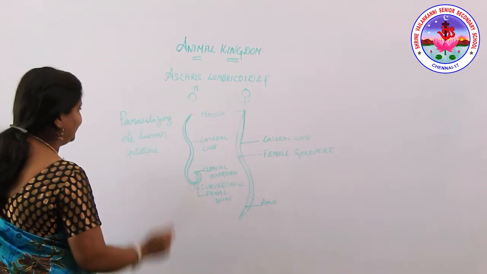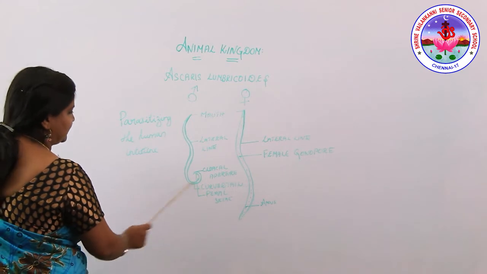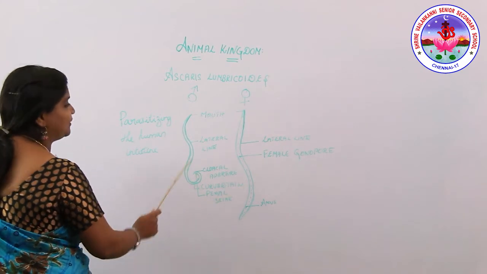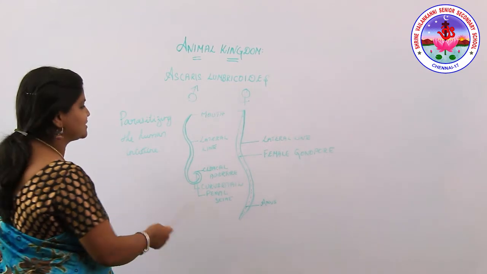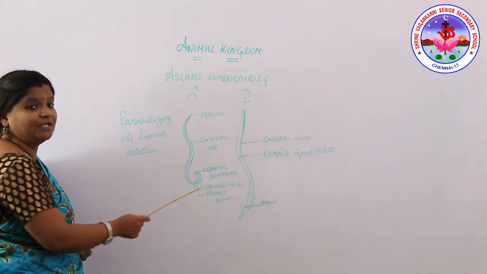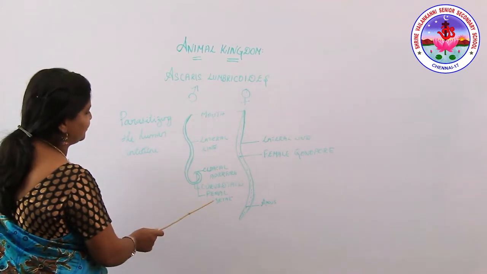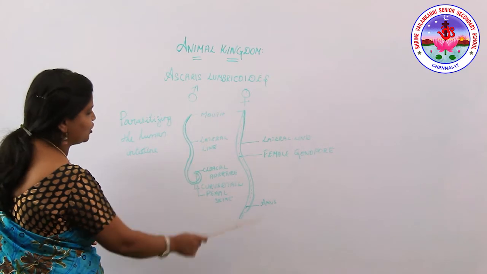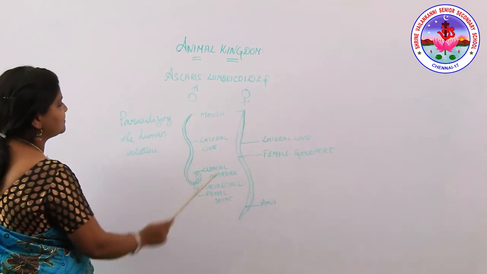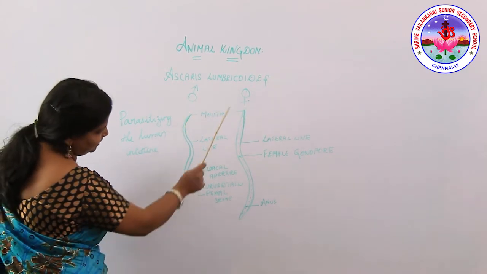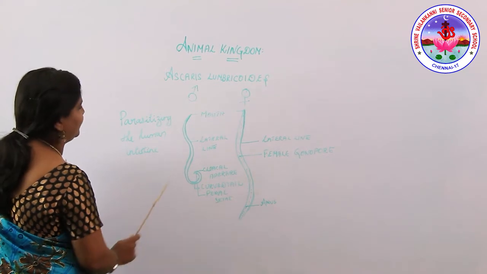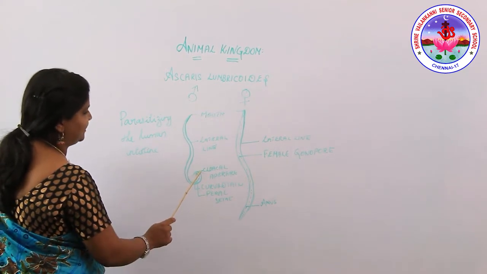These are the two worms. It looks like an earthworm, but it is a roundworm. Here you can see the body is not segmented. And when you study the size, the male is very short.